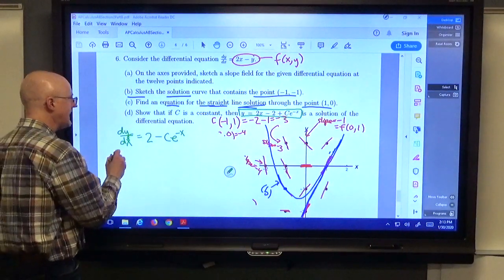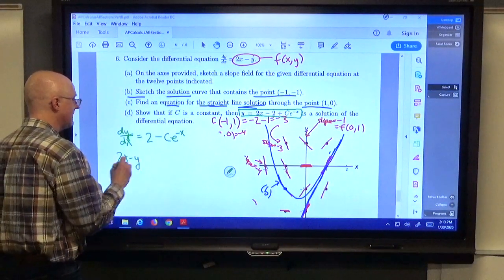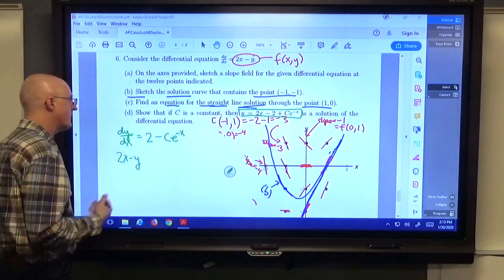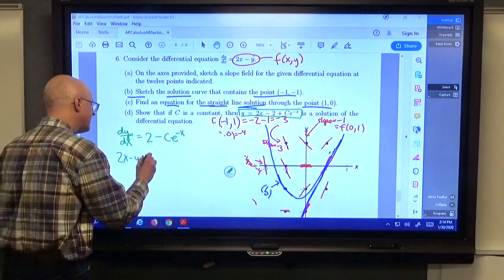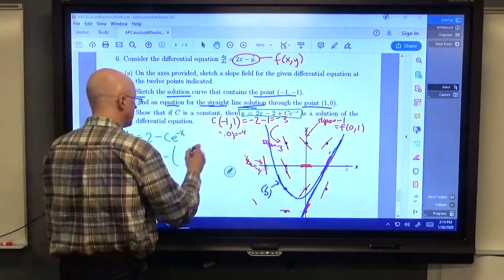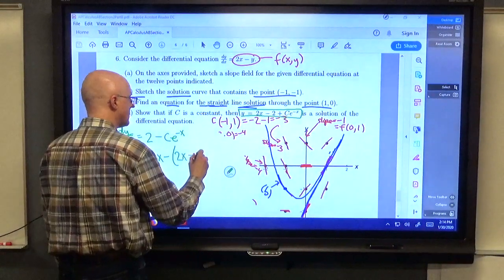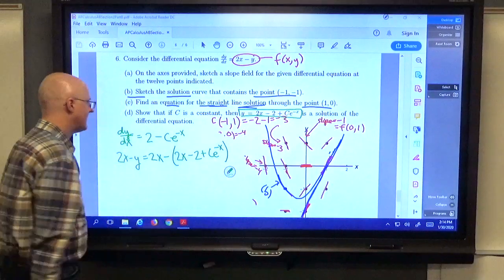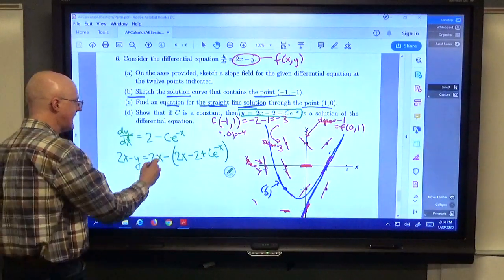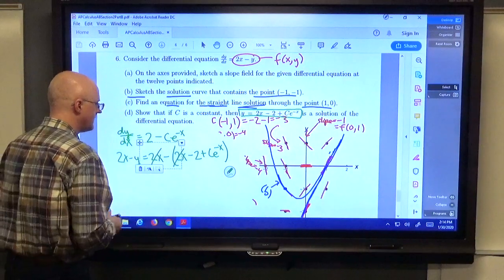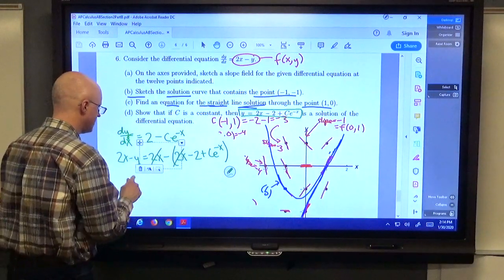I'm trying to show the right-hand side, 2x minus y, when I substitute the function for y, equals the derivative no matter what c is. The value of c is irrelevant. Plug in the function. And yes, the 2x's cancel. Minus negative 2. Sorry.